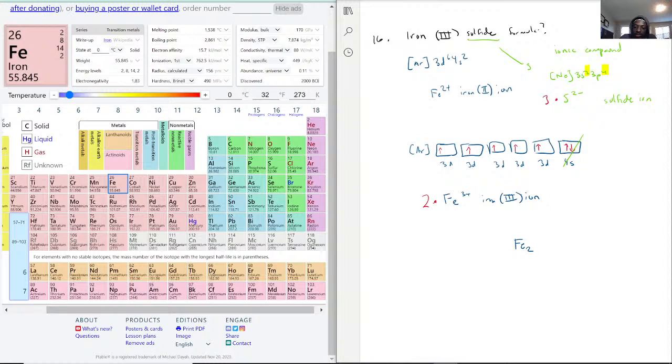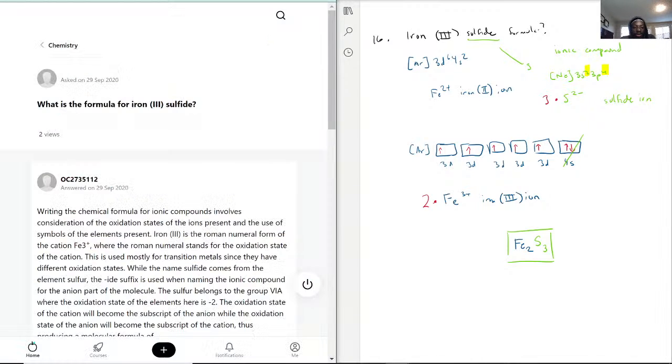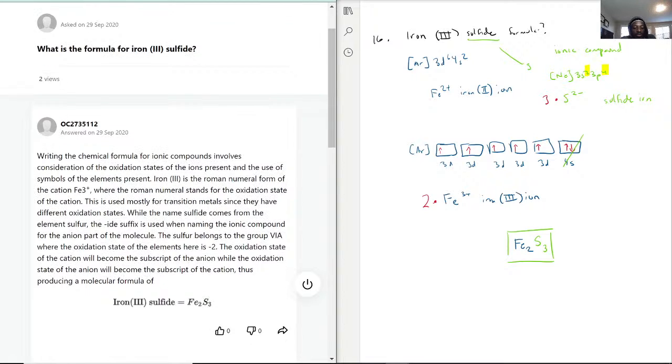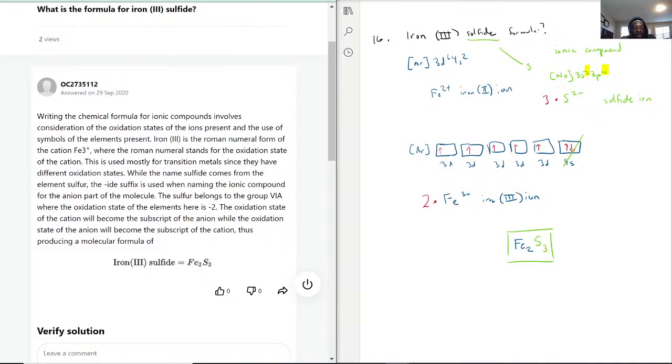Fe2S3, because this way the net charge is 0, and this right here is the iron 3 sulfide formula. They said iron 3, that means Fe3+.